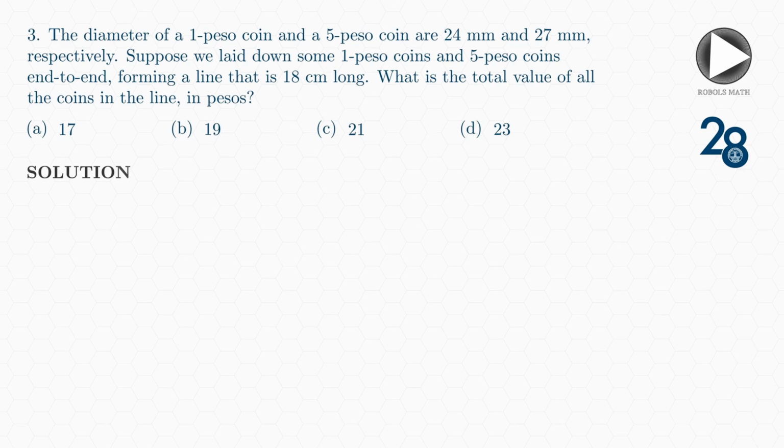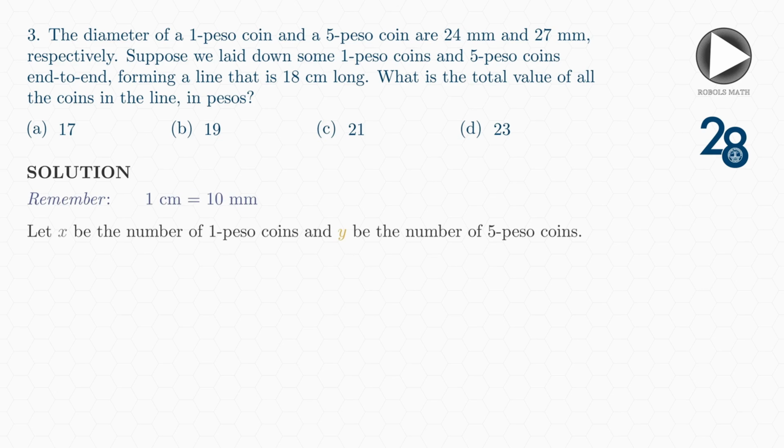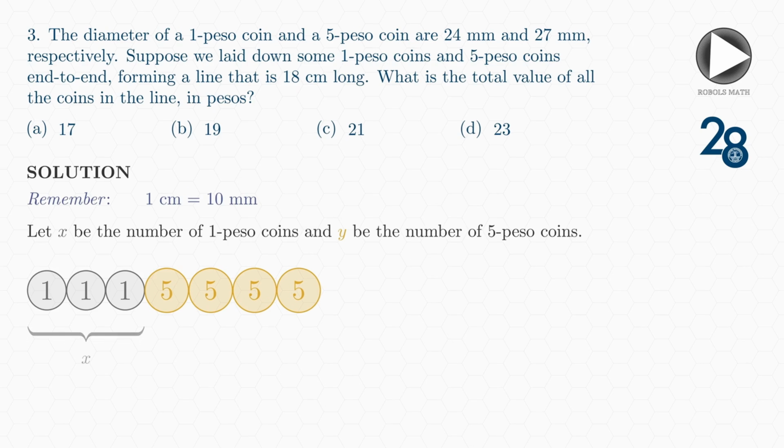For this one, we let X be the number of 1 peso coins and Y be the number of 5 peso coins. So if you lay out some of the coins like this, you have X coins as indicated in the gray ones, and then Y coins indicated in the silver, in the gold coins here.